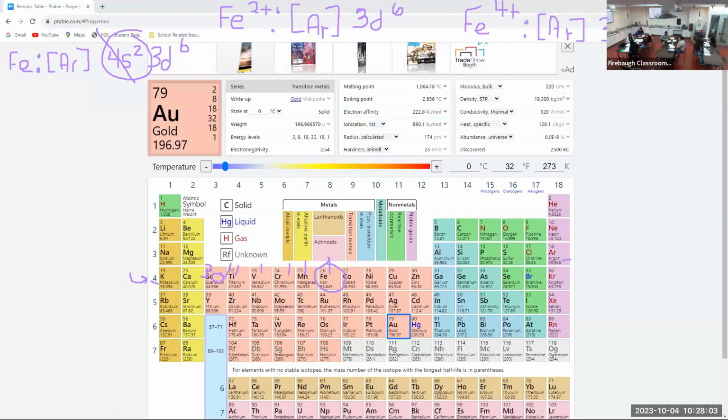And anions are negative, right? So negative ions are anions. So let's talk about the anion. So let's say we have selenium, selenium 2 minus.